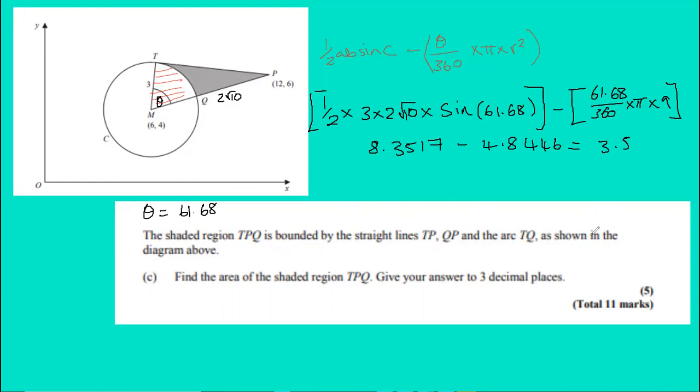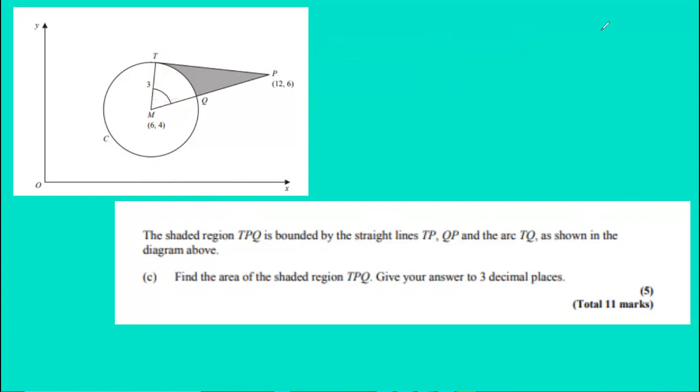Okay, 0.7. Okay, so 3 decimal places. And that is my answer. Okay, it's an area, so I need some units, don't I? Okay, I think I can just write units squared, because they didn't actually give us any units here. Right, so moving on to the next question.